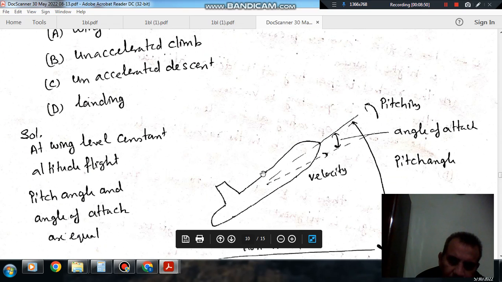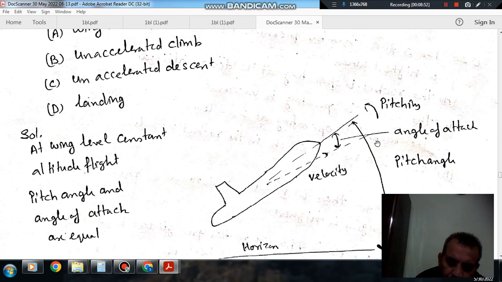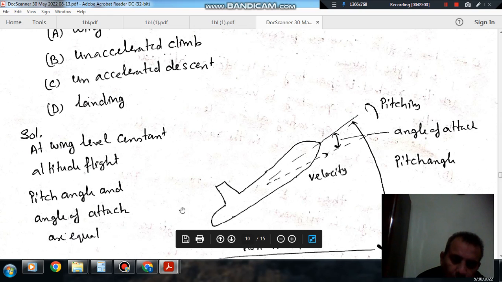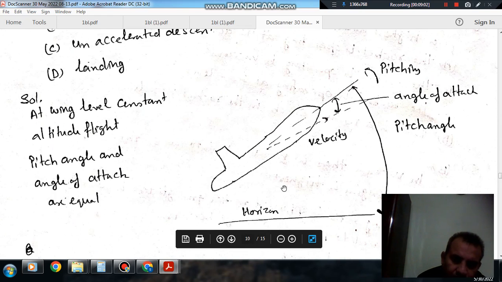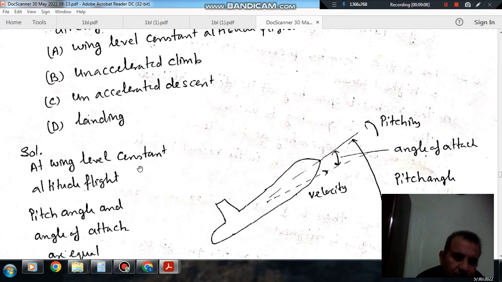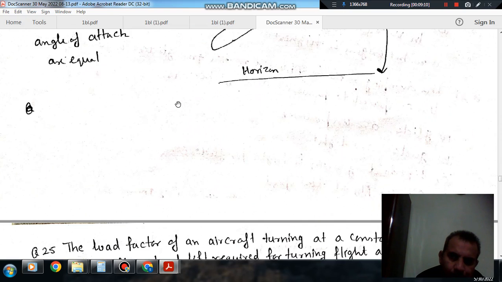Okay, so that is pitching, and this is your velocity of the aircraft, and this is your angle of attack, and this is your direction of plane. Okay, so when it is moving in horizontal direction, both pitching and angle of attack will be equal.